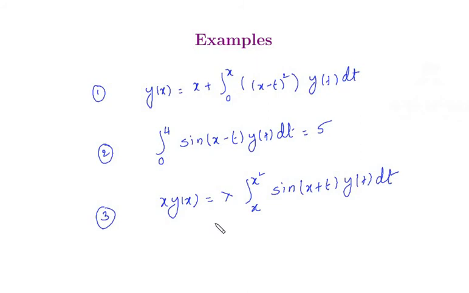But again, be careful. Here your kernel is sine of (x plus t), and this kernel cannot be written as a function of one variable x minus t. So this kernel sine of (x plus t) is not a kernel of difference type or convolution type.